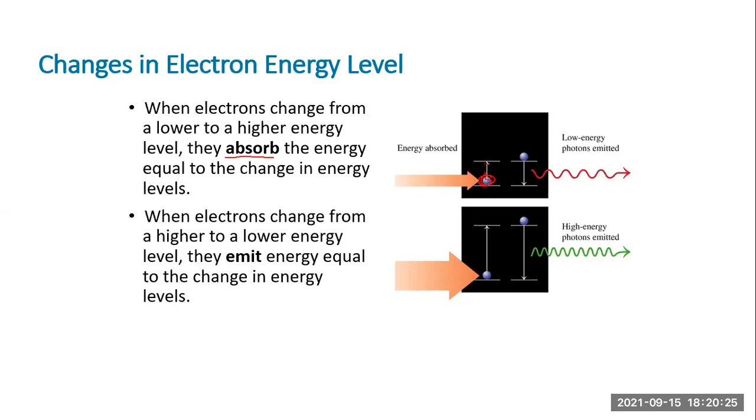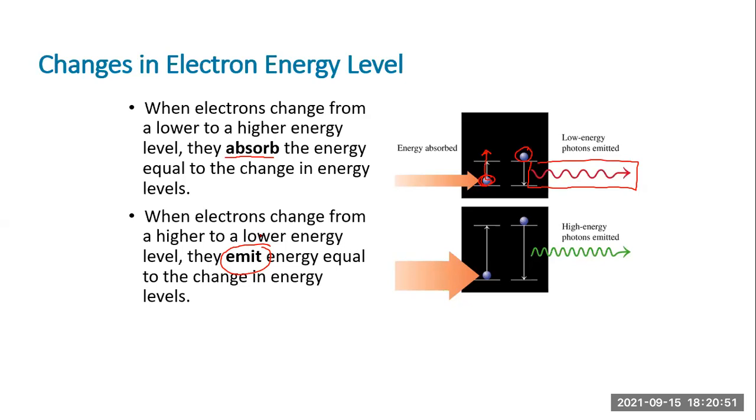That's what's referred to as an absorption. It's going to go from a lower energy level to a higher energy level. When the electrons decide they want to come back down, they need to give off that energy in the form of a photon of light. That's what's referred to as an emission, and that's where we see those emission spectrums, like those lines that we looked at before.